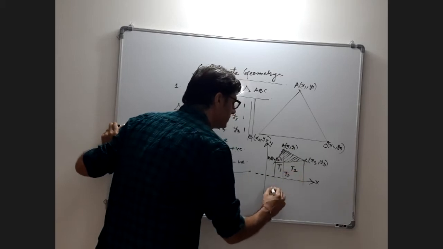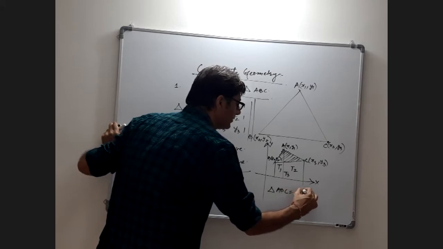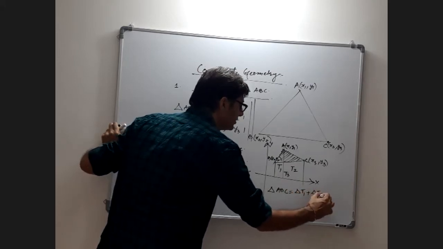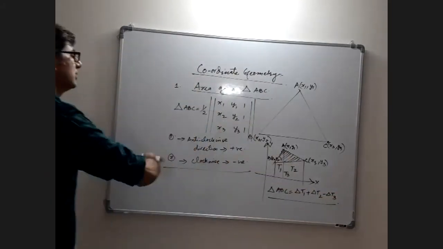Then we will do what? The area of the triangle ABC is equal to the area of trapezium T1 plus the area of trapezium T2 minus the area of trapezium T3. That will actually give us the area.